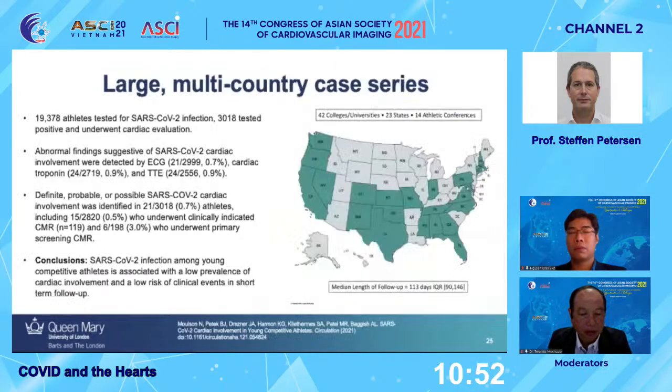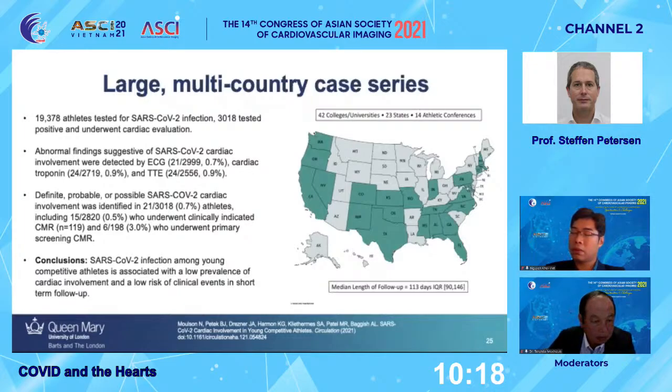Next, even more reassuring findings in this large multi-center case series in the US. 19,378 athletes tested for SARS-CoV-2 infection. 3,018 tested positive and underwent cardiac evaluation. Abnormal findings suggestive of SARS-CoV-2 cardiac involvement were detected by ECG in 0.7%, cardiac troponin in 0.9%, and transthoracic echo in 0.9%.